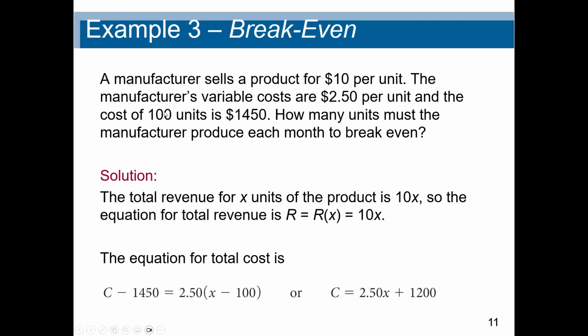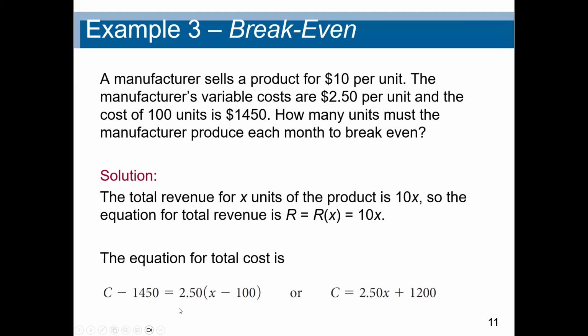When a company produces 100 units, it costs $1,450. So here we don't have a given fixed cost. We can say C minus 1,450 equals 2.5 times X minus 2.5 times 100. So this means our fixed cost will be 1,200.